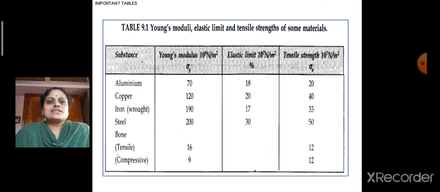This is the table for Young's moduli, elastic limit and tensile strengths of some materials. You can see that the Young's modulus for steel is much greater compared to other materials.